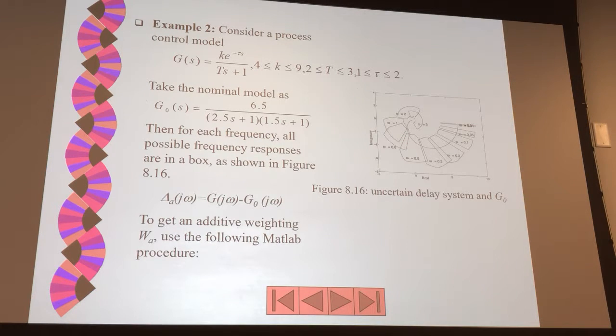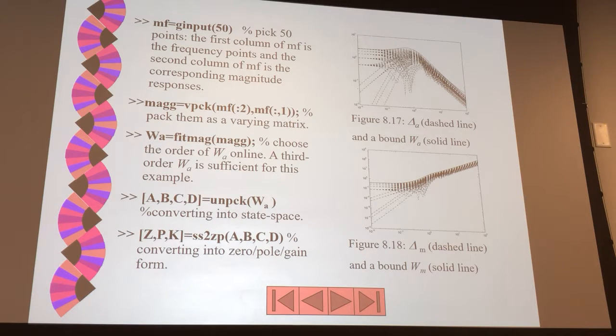Fortunately, there's a tool that is already done for you. So this is for delta A and WA. Say for example, you use 50 frequency points, and in the second column, the corresponding magnitude response for all these inputs.